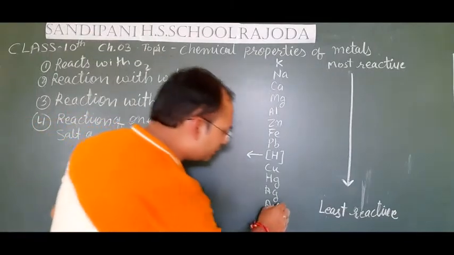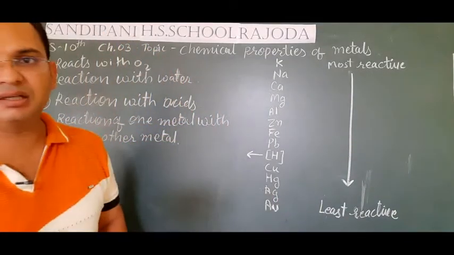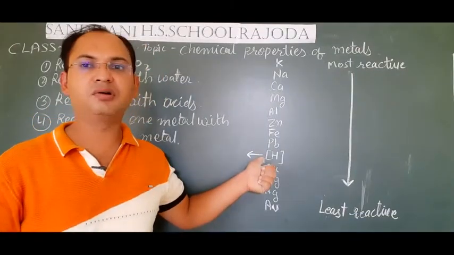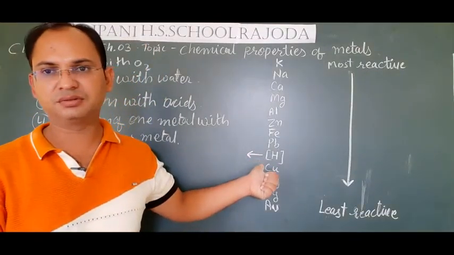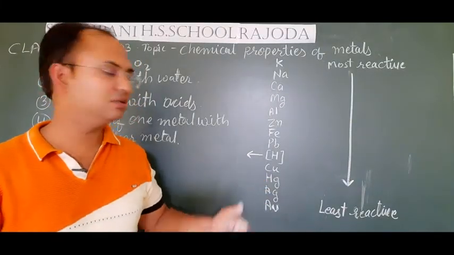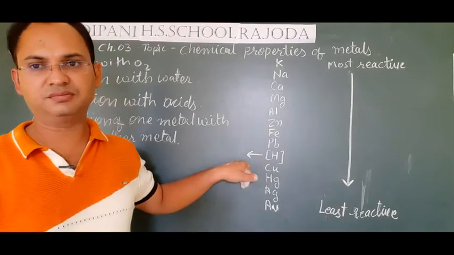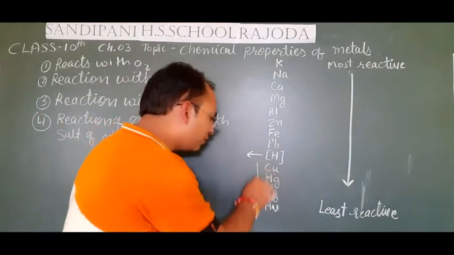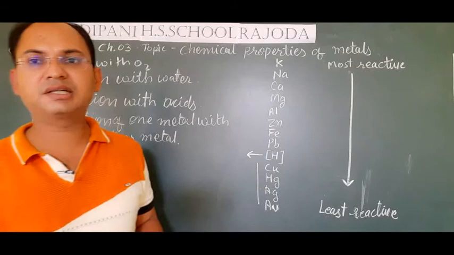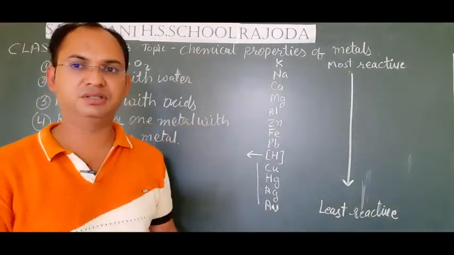So students, this is the reactivity series of the metals, but hydrogen is a non-metal in this series. Hydrogen is actually a standard taken here, and all the reactivities are compared with hydrogen. These four metals are less reactive than hydrogen, and these metals are more reactive than hydrogen.